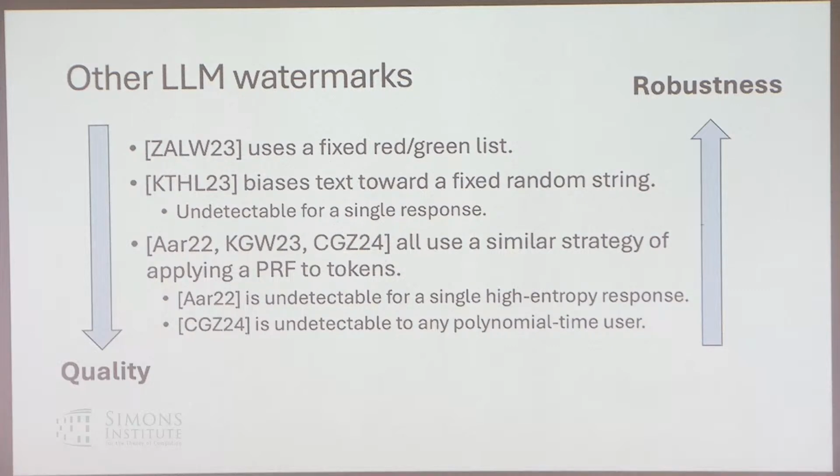And this pseudorandom code approach breaks out of this trade-off. Because the PRC is error correcting and pseudorandom at the same time, you don't have to trade off this k-gram parameter. And so we achieve both comparable robustness to these existing works and also the strongest quality guarantee achieved by any of them.